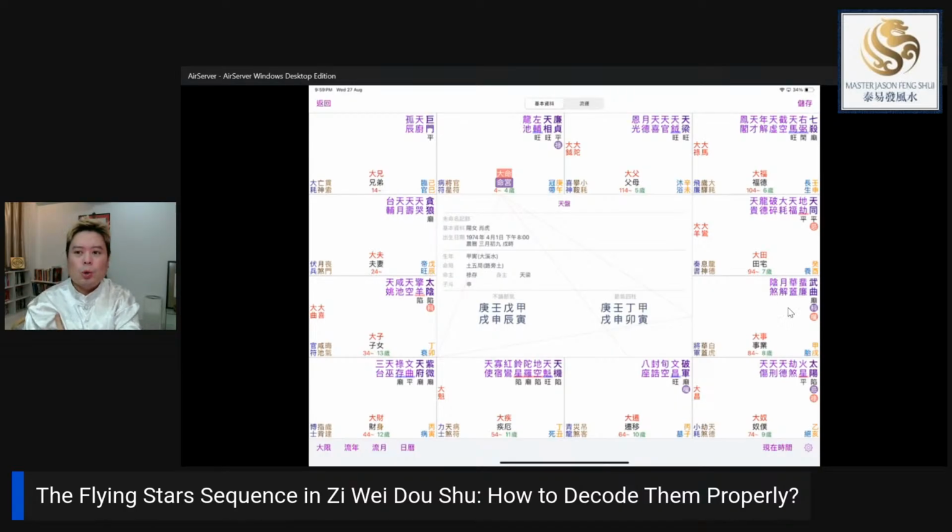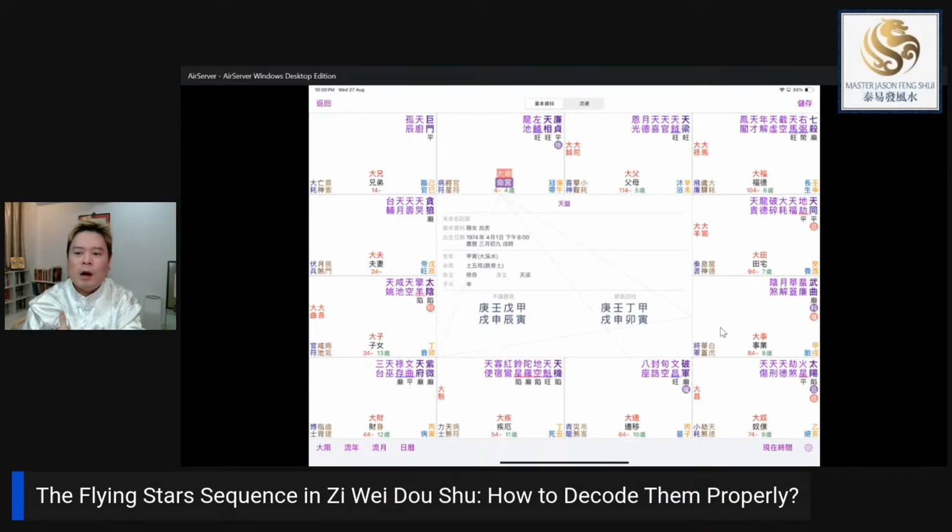And that is also coherent with the flying star sequence of her chart, having Geng heavenly stem at the self domain, launching the authority catalyst star, or the so-called power star, called Hua Quan. Sometimes it's very hard to translate into English, but I would like to call it either the power enhancer or the authority catalyst.